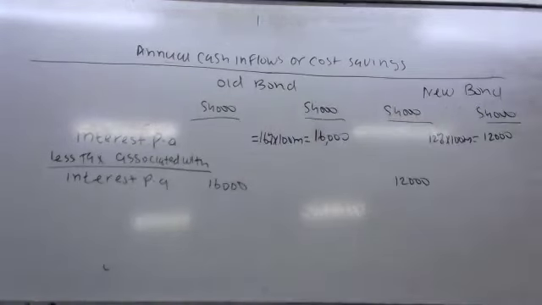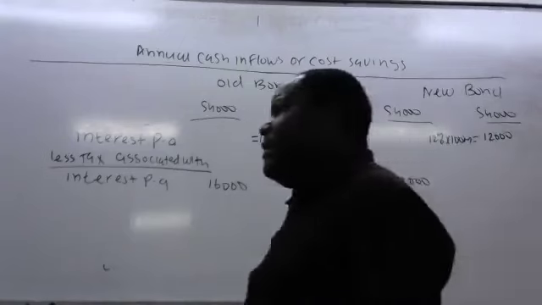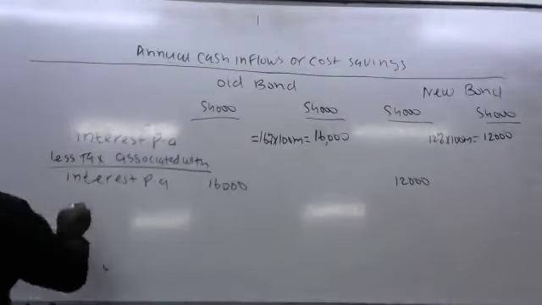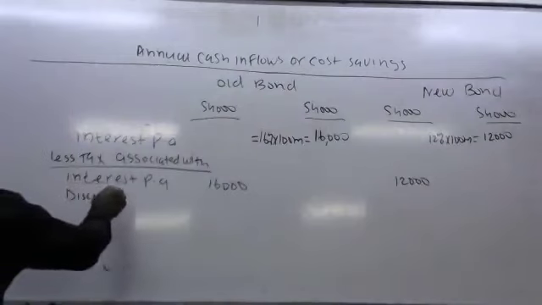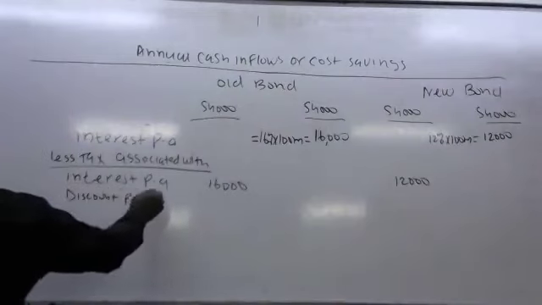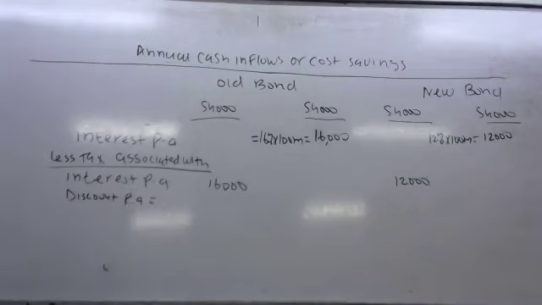Then apart from the interest per annum, there is also the discount per annum. Discount per annum for the old bond.